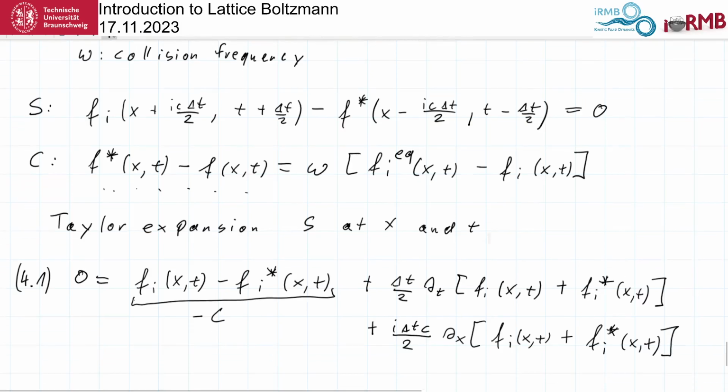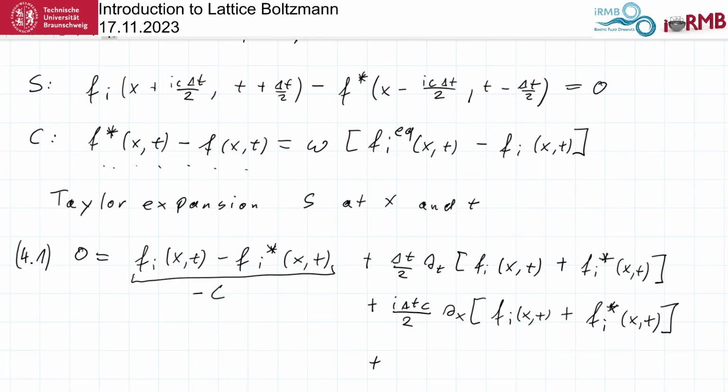And then there are these double terms. So I made a mistake here. Okay, let's try to correct this. From the Taylor expansion, we get a factor 1/2 at the second stage, right? Times the 1/2 that we have here.